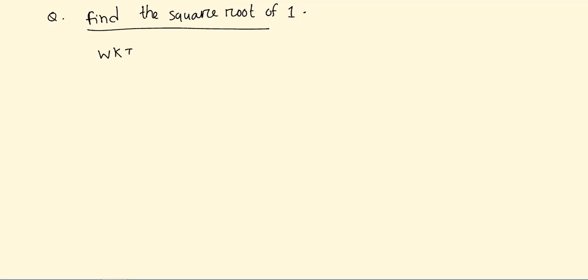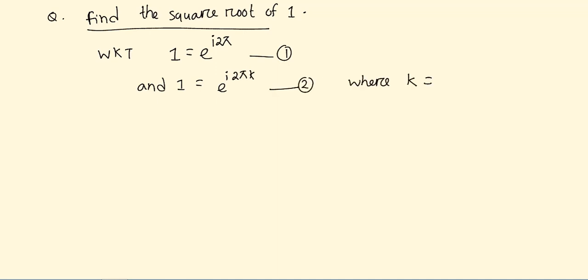We know that 1 can be written as e to the power I into 2 pi, and also we can write 1 equal to e to the power I into 2 pi k, where k equal to 0, 1, 2 up to n minus 1.